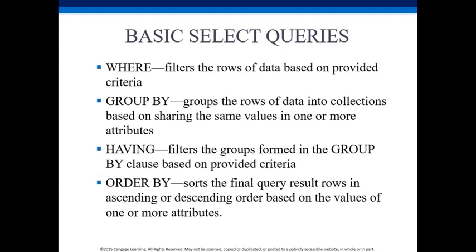Next is where. So where is the filter. It filters the rows of data based on the provided criteria. So we can put conditions on what kind of data will appear in our result.